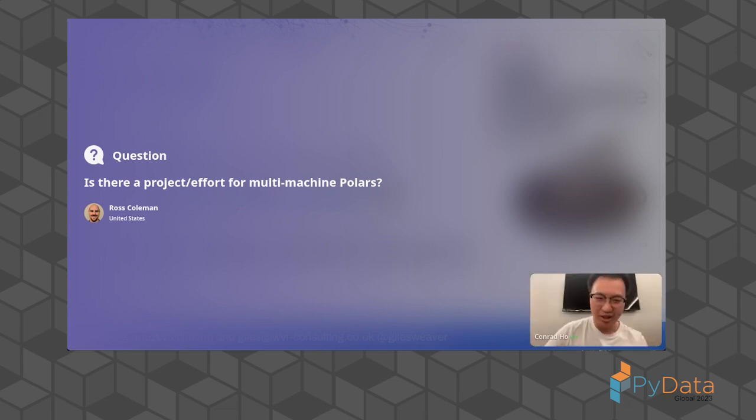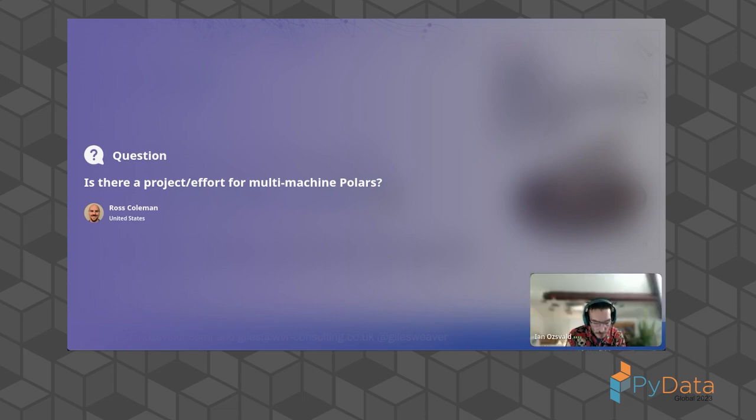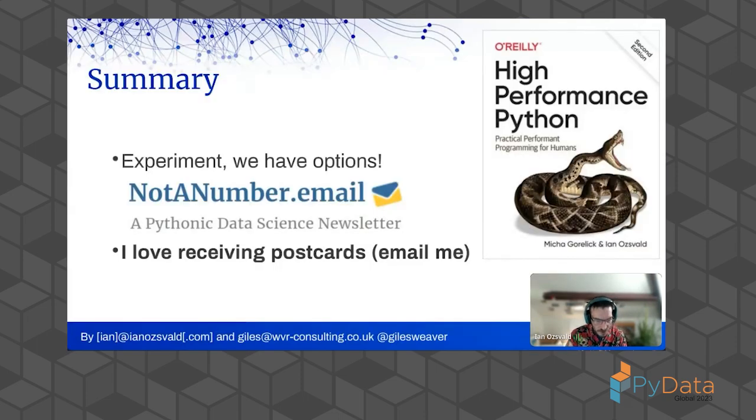There is a question in Q&A. Is there a project or effort for multi-machine Polars? I believe yes is the short answer. I know when Ritchie started the project, he said absolutely it would not do multi-machine data, it was only in memory, it wouldn't do streaming data either.